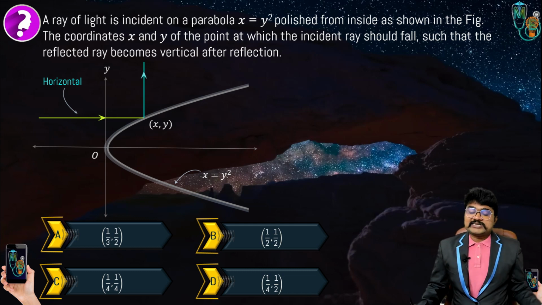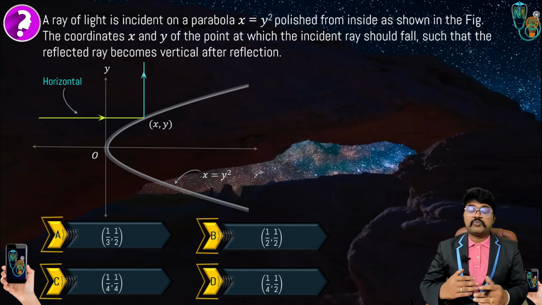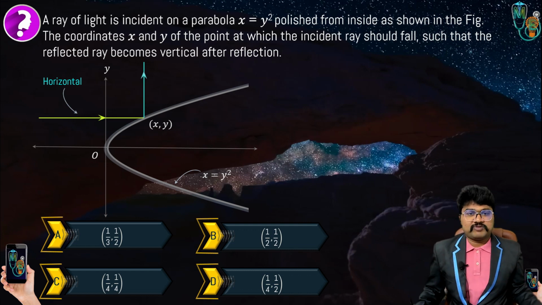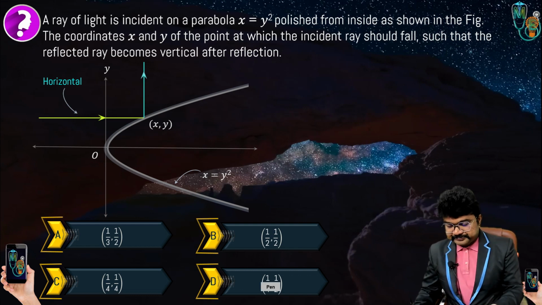The coordinates x and y of the point at which the incident ray should fall such that the reflected ray becomes vertical after reflection.